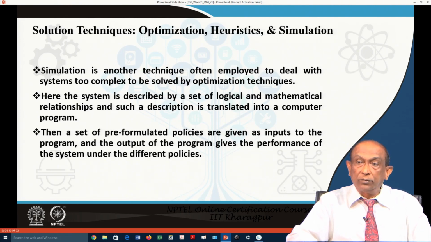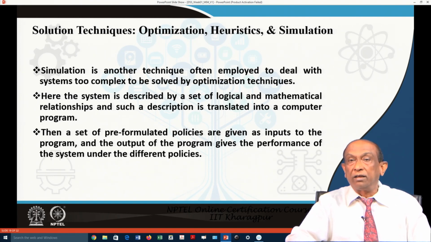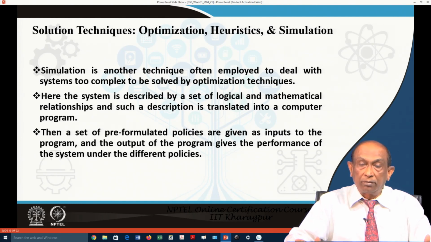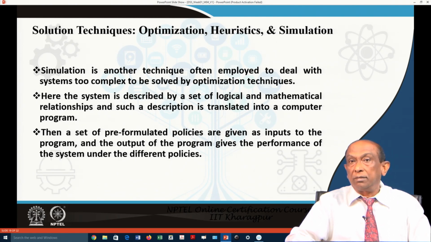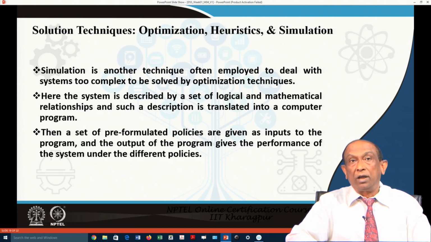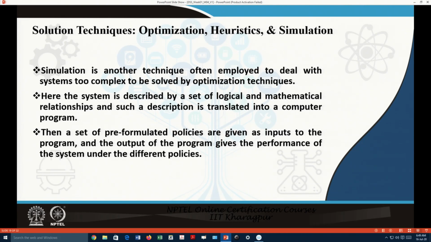Next, we talk about simulation. Simulation is another technique often employed to deal with systems that are so complex that if we need to find an optimal solution, we will be left nowhere. Here, the system is described by a set of logical and mathematical relationships, and such a description is translated into a computer program.